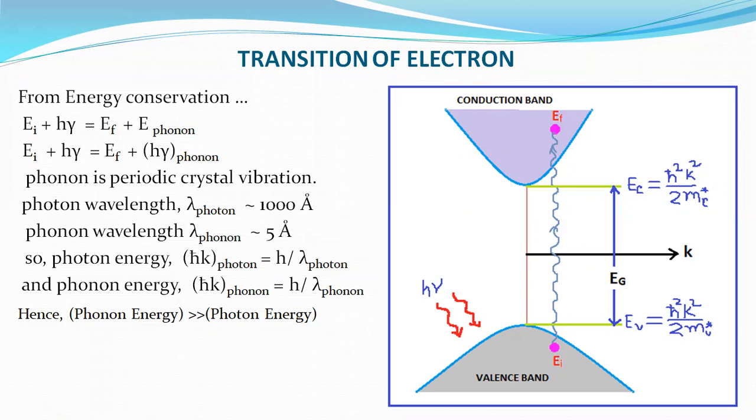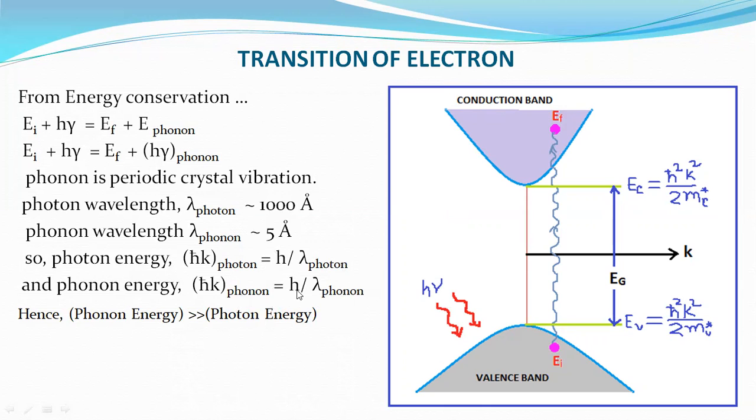So the photon energy is h cross k photon, that is h upon lambda of photon, and the phonon energy is given by h cross k phonon, that is h upon lambda of phonon.